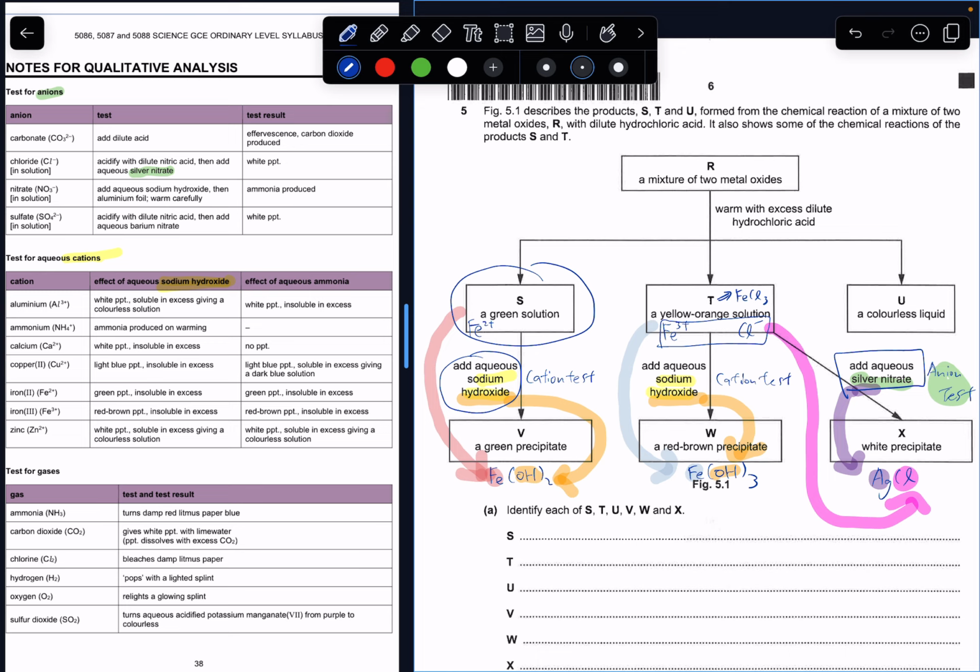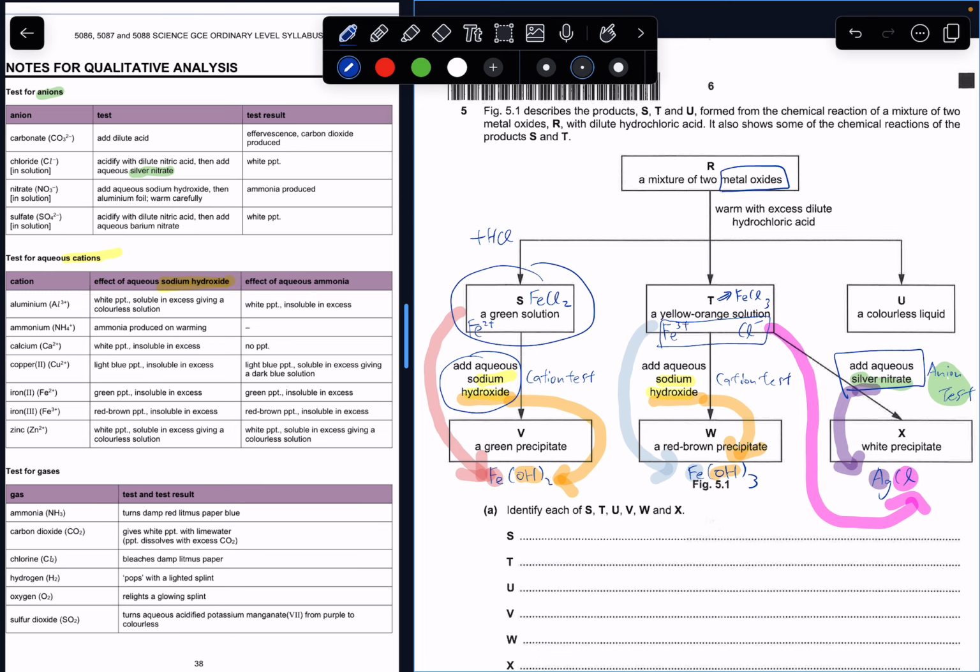After that we look above. So how do you get S and T? It's R plus HCl that gives you all this. If you realize, this is actually FeCl2, because you added HCl, then the Cl produces the Cl. Then you think, oh, R is a metal oxide.